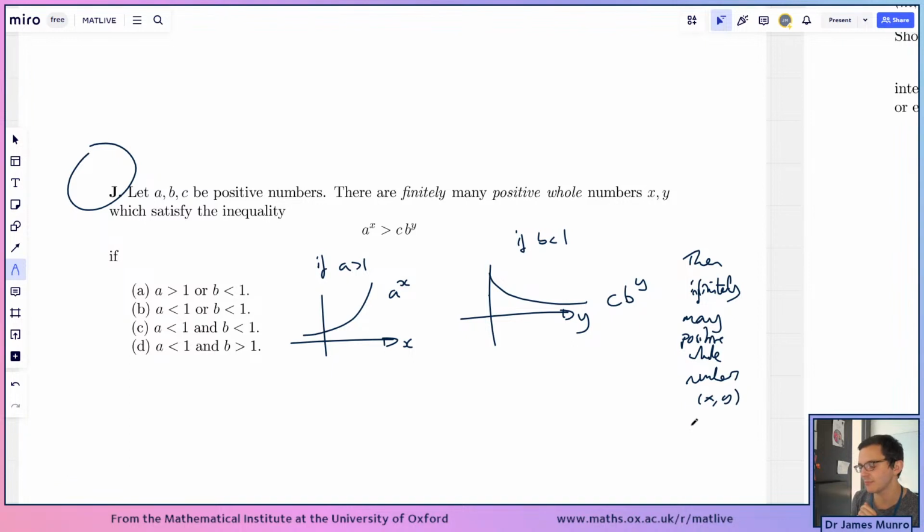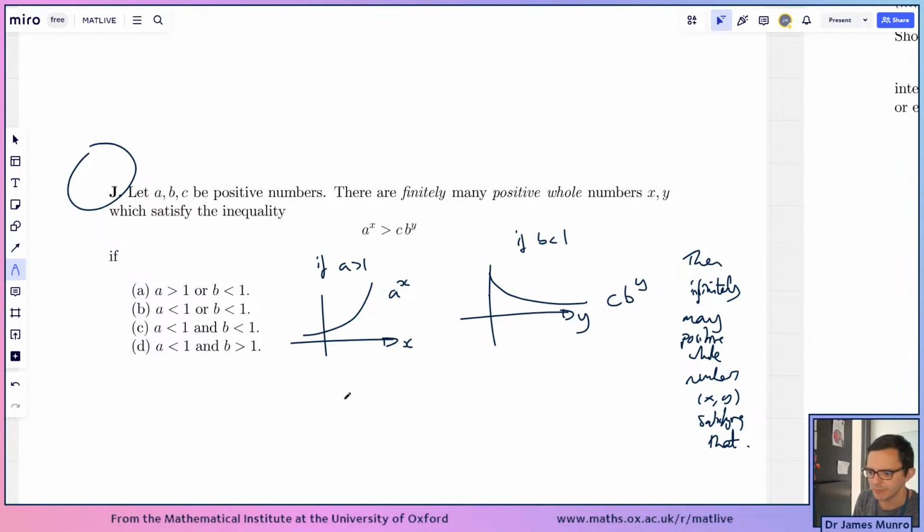So that kind of makes me think it's the opposite. I want to make a less than 1 and b larger than 1, so that there are only finitely many examples where you have to take y to be quite small and x to be quite small, so that it just works out.